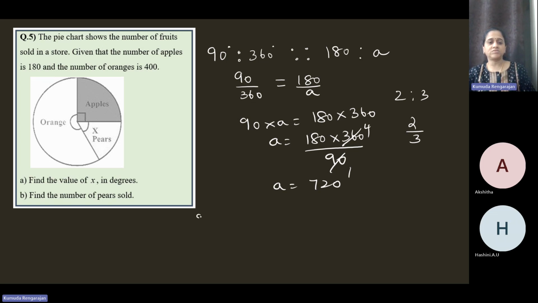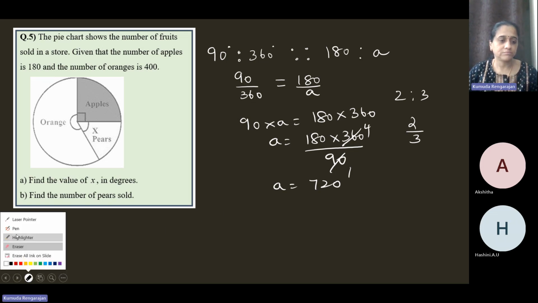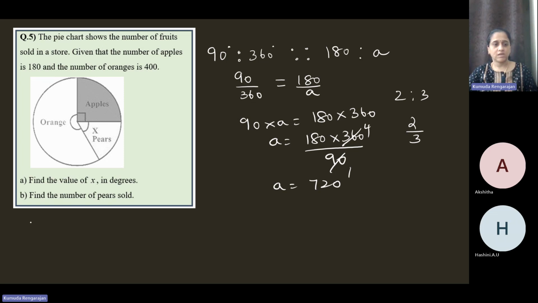Then what's the value of X? What will be the value of A? 720. Then 400 by 720 into 360.